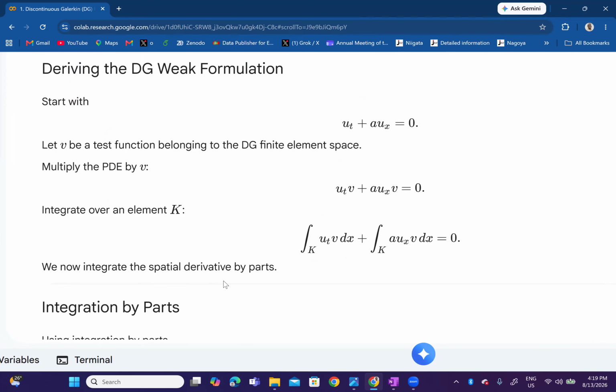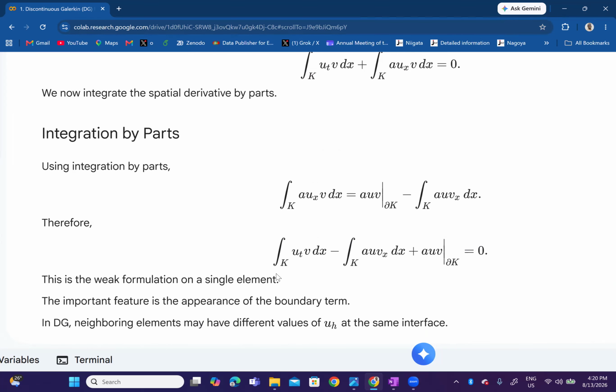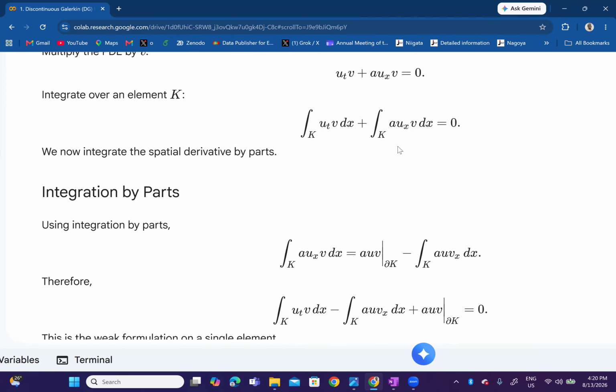So we now integrate the spatial derivative part. This is the spatial part, and this is the time part. For the time part, we can easily go straight. But for the spatial part, we need to do integration by parts.